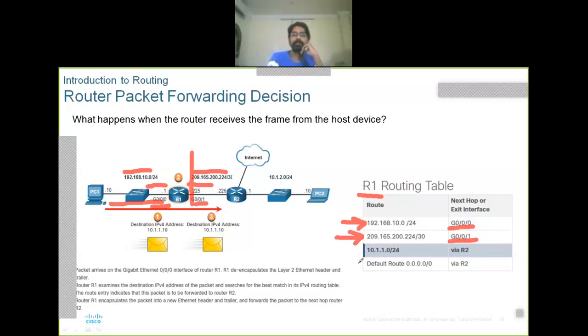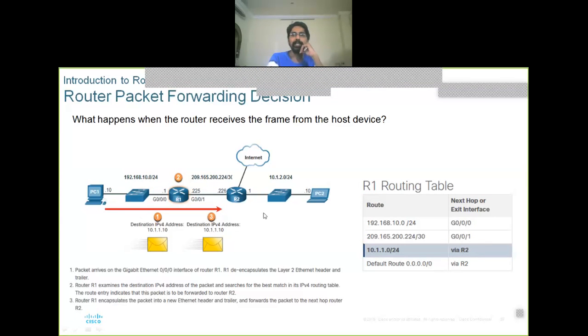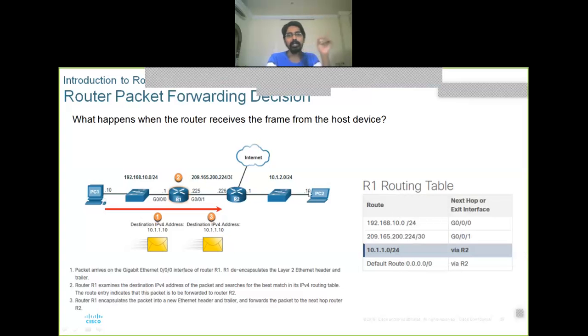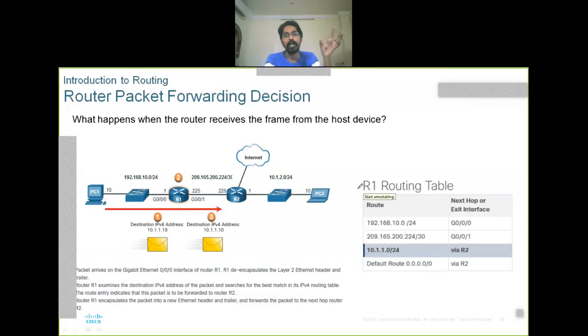Next, R1 has information from another network. Routers share their routing information, their available network information, with other networks. So other than these two, the routing table of R1 contains one more route, the route address of this one: 10.1.2.0.